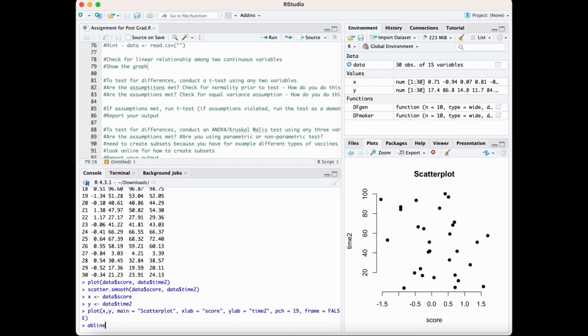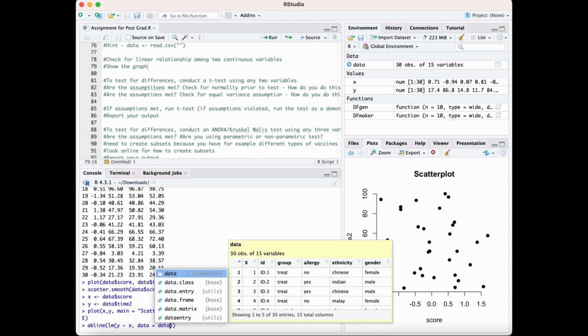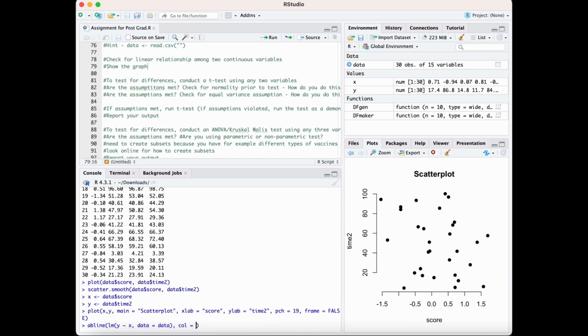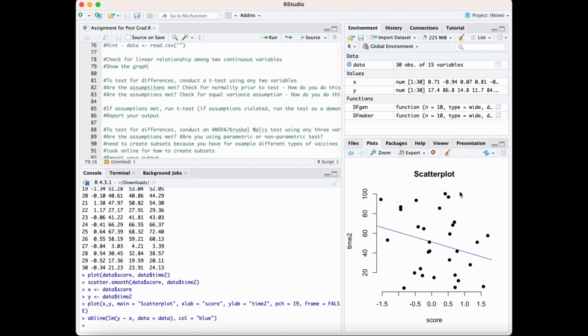Okay, so let's look at the line and see if it fits the data. Color, let's make it blue. Okay, so this is the relationship between score and time 2. It seems to have an inverse relationship.